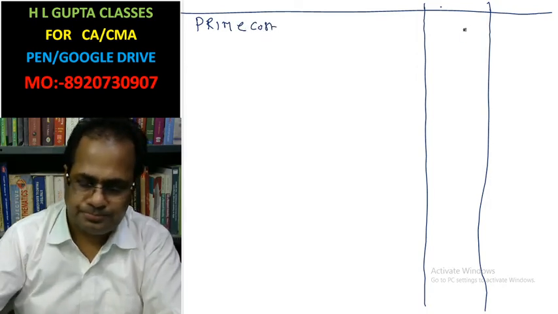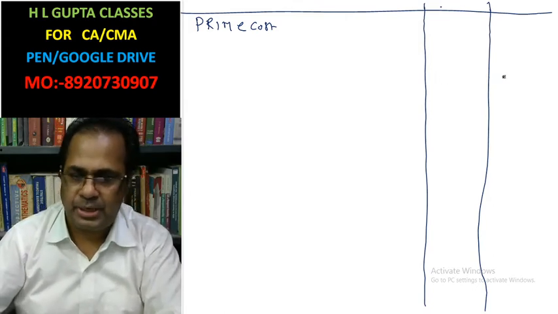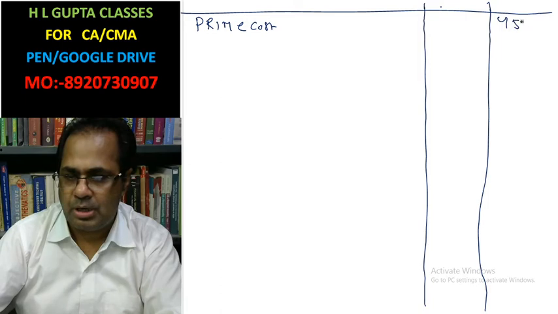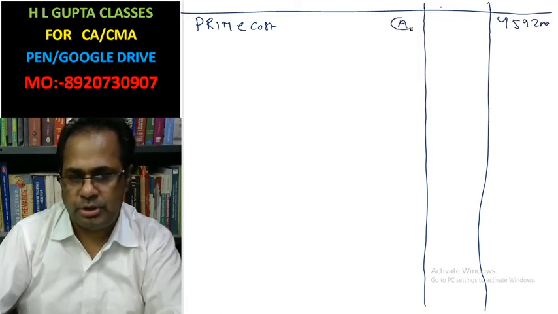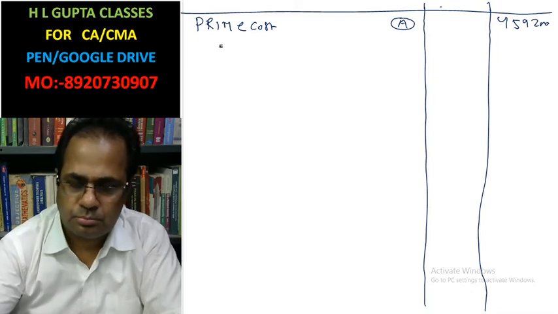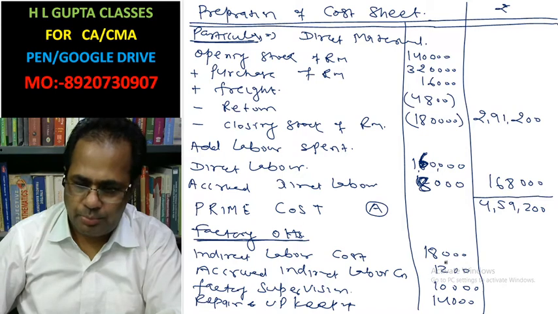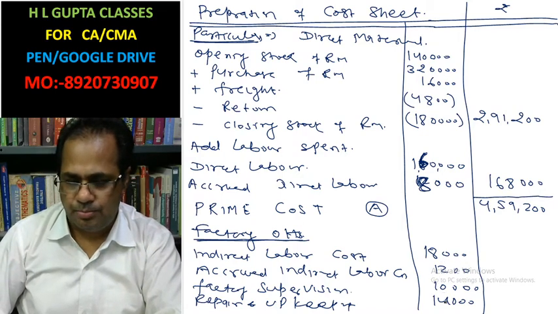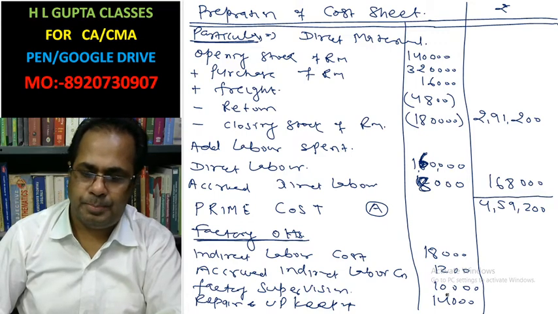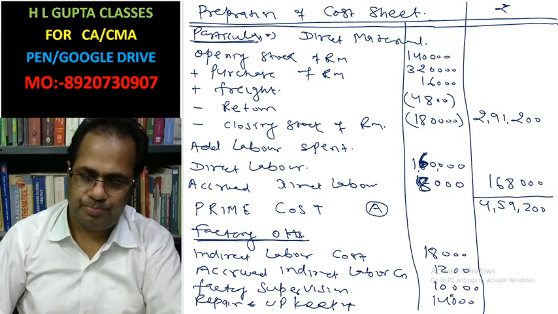Prime cost was 4,59,200. This is your A. Up to here, 18,000 plus 10,000 is 28,000, and this is 14,000.